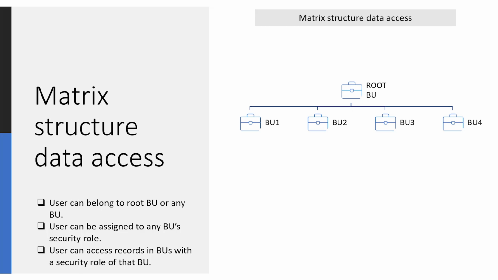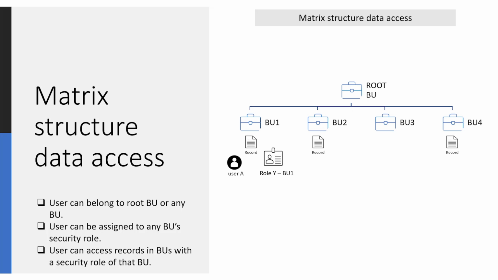Next, you have the matrix structured data access. Customers can use an organization structure where data is compartmentalized in a tree-like hierarchy, and users can work in any business units, regardless of what business unit the user belongs to.